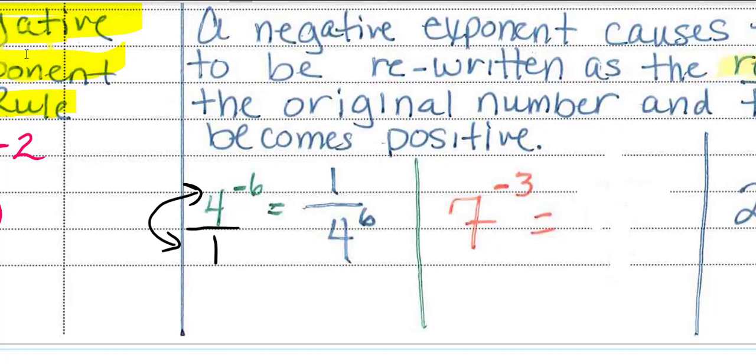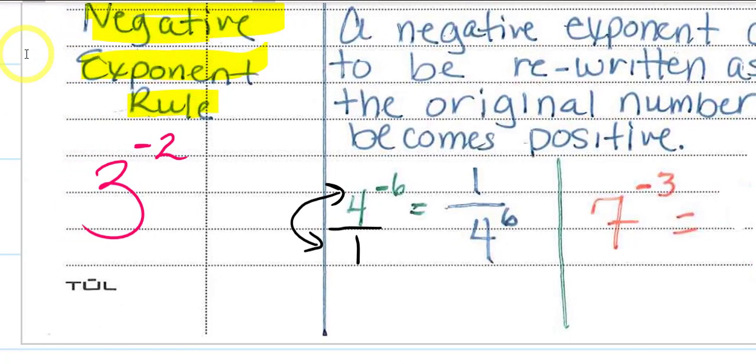Okay. Let me try the one that I did over here on the side. So I would rewrite this. Currently, it is in the numerator position, and I know that because there's no denominator. There's a 1 there, invisible. So my reciprocal for this would be to rewrite it with the 1 in the numerator and 3 in the denominator.